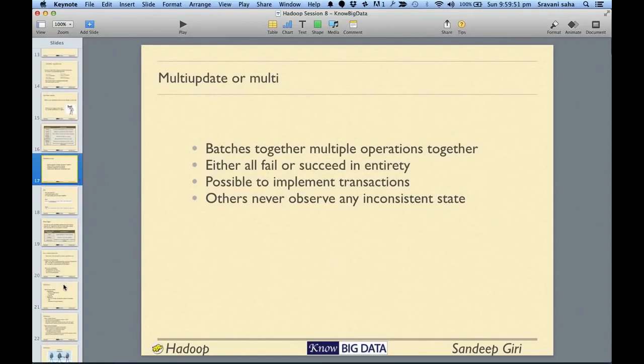Using this multi update, you can actually implement transactions, and nobody else observes the intermediate state. Say you are deleting 10 nodes in a single shot. Nobody will see that only 5 are deleted and the rest are being deleted. They will all see that all of the nodes just vanished together.